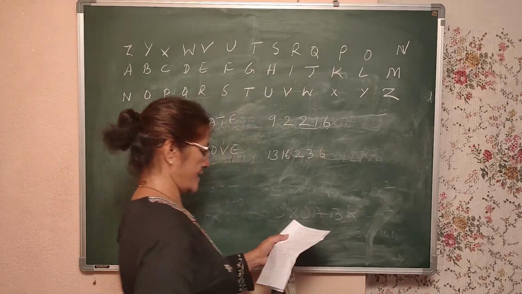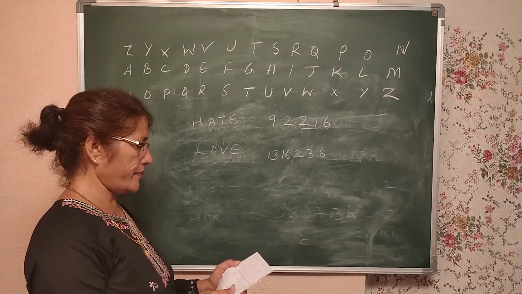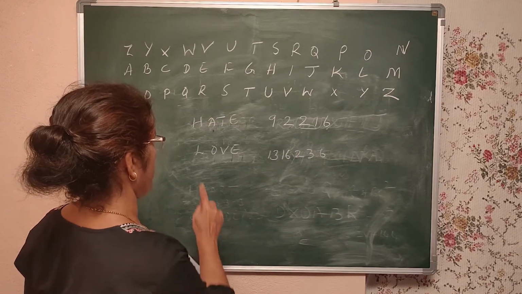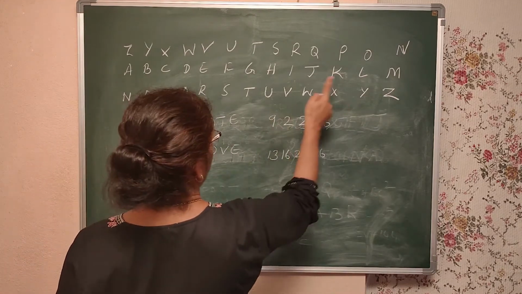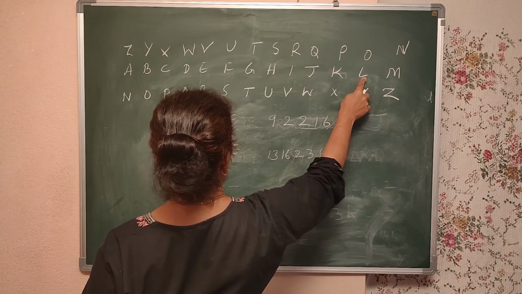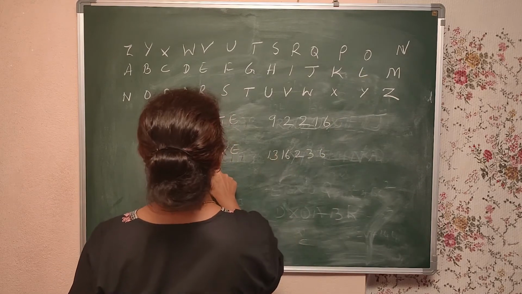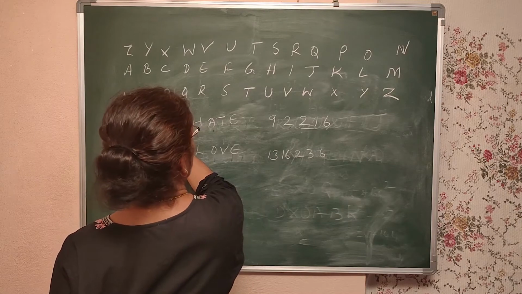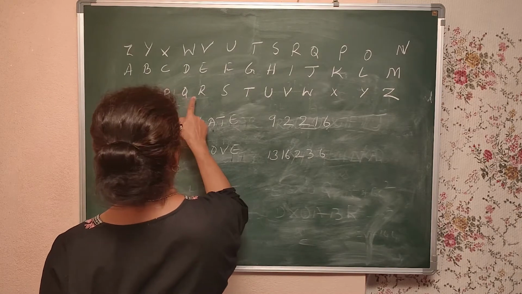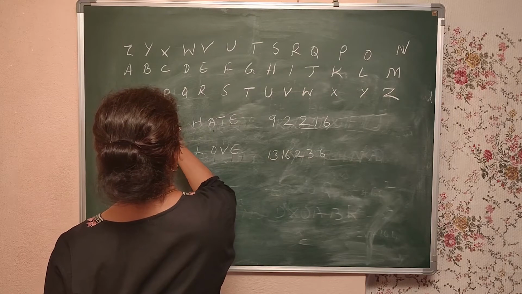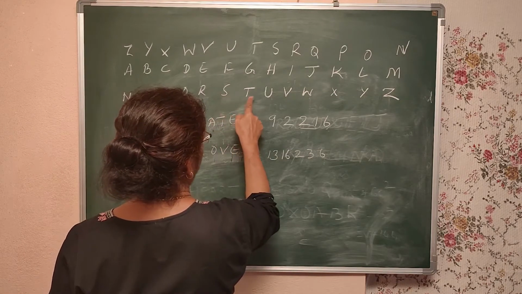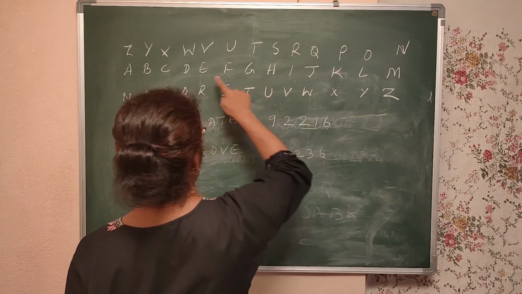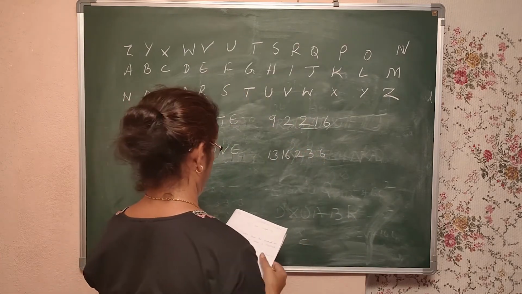So what is your answer? 13, 16, 2, 23, 6. L, you know, 12 plus 1, 13. O: 13, 14, 15 plus 1, 16. V, always remember: 15, 16, 17, 18, 19, 20, 21, 22. V is 22 plus 1, 23. E 5 plus 1, 6. Next.